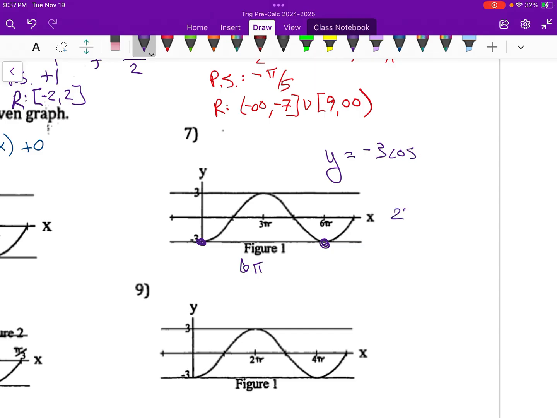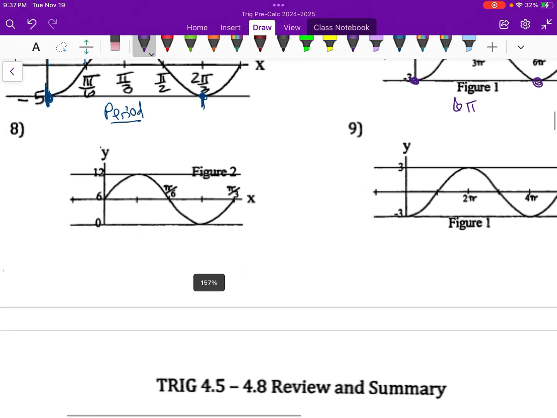The B value is going to be 2 pi divided by B is equal to 6 pi. And this one's probably worth cross multiplying, as 6 pi B is equal to 2 pi. And if I divide, I'll end up getting 1/3. So this is going to be a 1/3 X with no difference in the actual vertical shift.